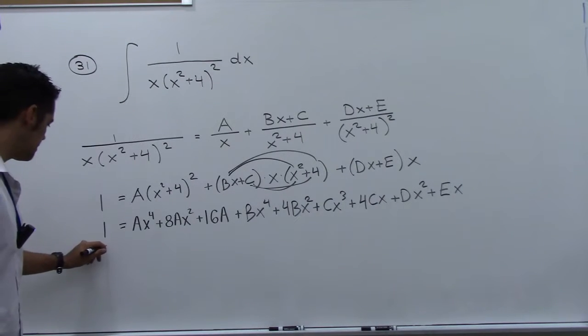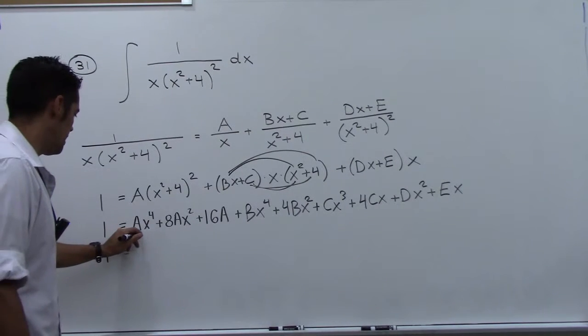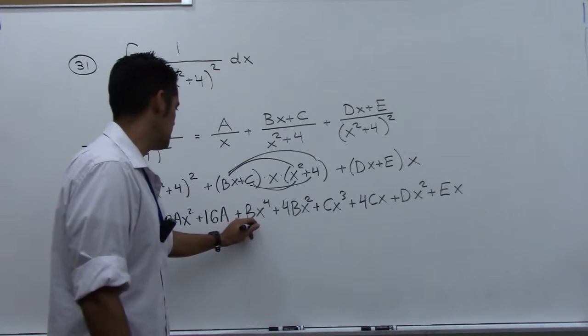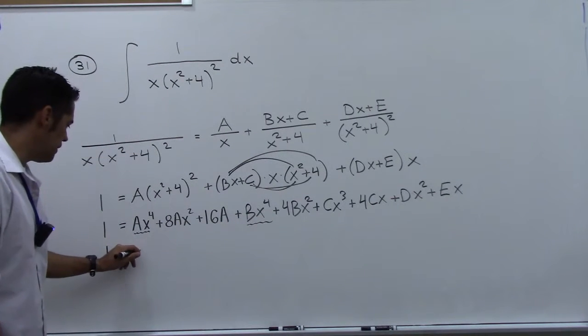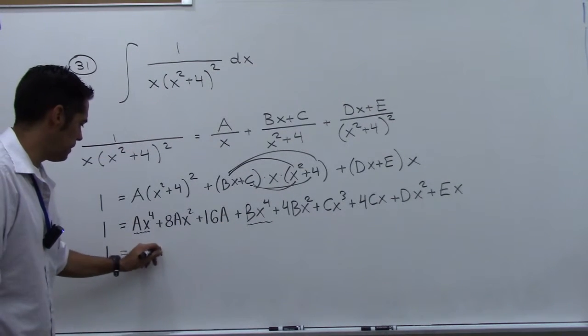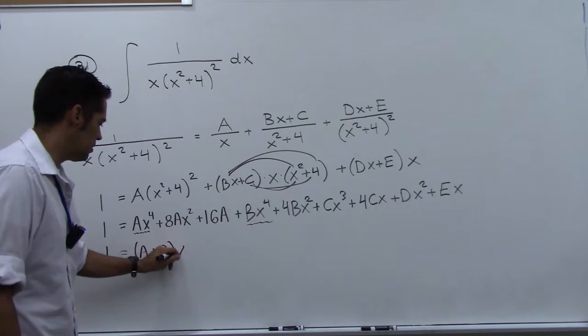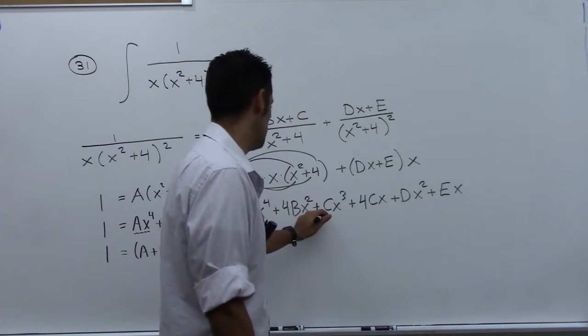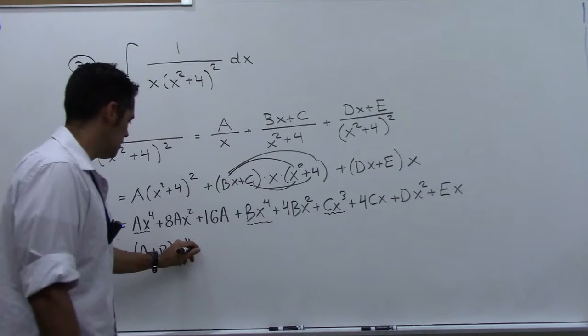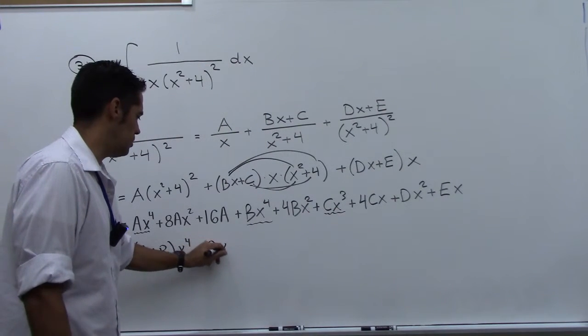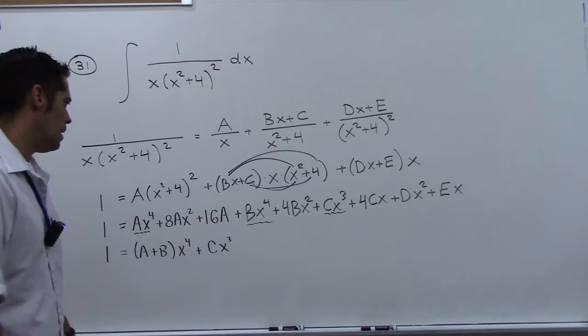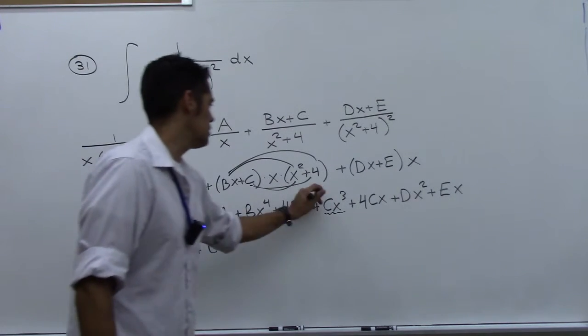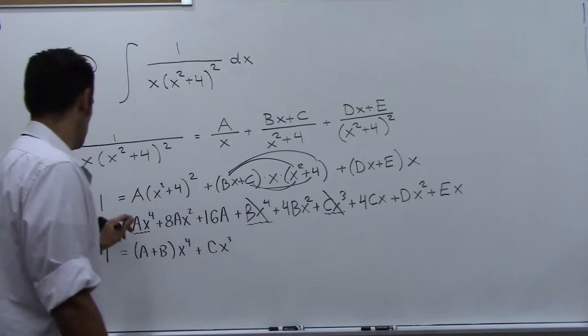Collecting like terms. So I have an x to the 4th here, x to the 4th here. So I look at the coefficients, I have a plus b. Factor out the x to the 4th. X cubed, let's see, I only have one of them. So plus c x cubed. And so I've got that, got that, got that.